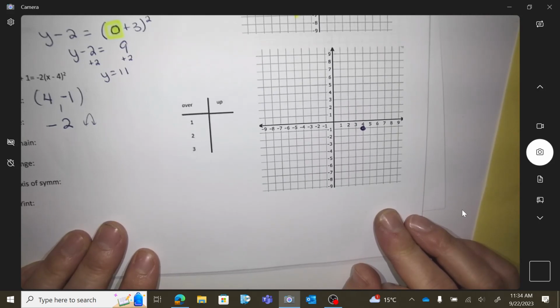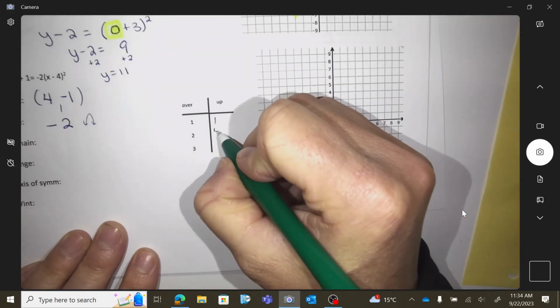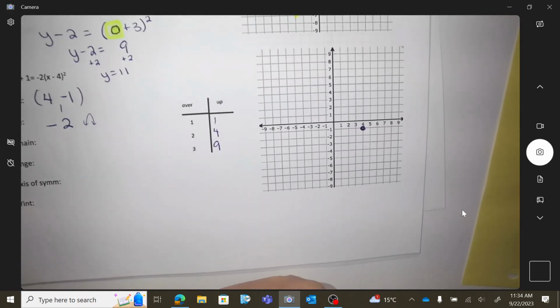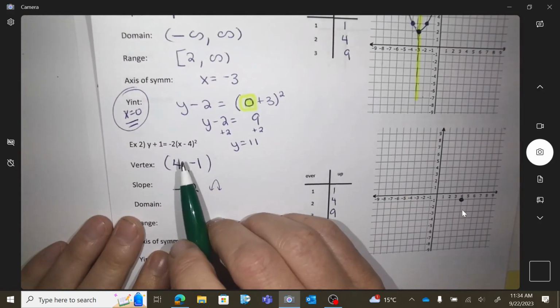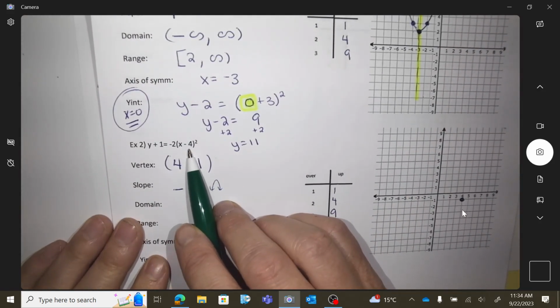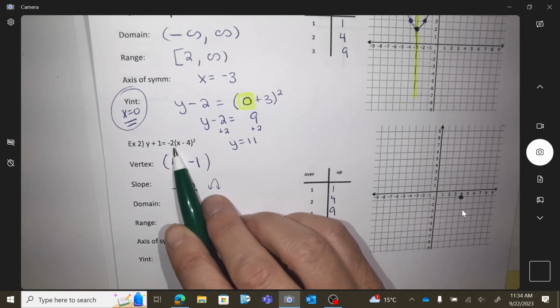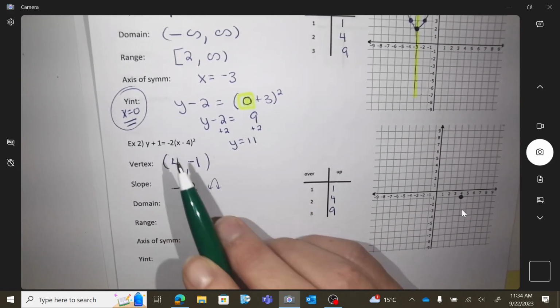Okay, do you got your pattern figured out? 1, 1, 2, 4, 3, 9. That's the squared relationship, but we're not going to do that. So here's what's happening. X and Y, there's a squared relationship, then there's a multiply factor of -2.